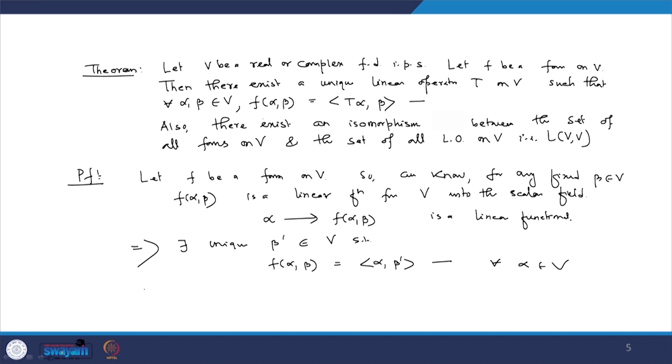So, now consider a map U from V to V which sends beta to beta prime. This implies U of beta equals beta prime.